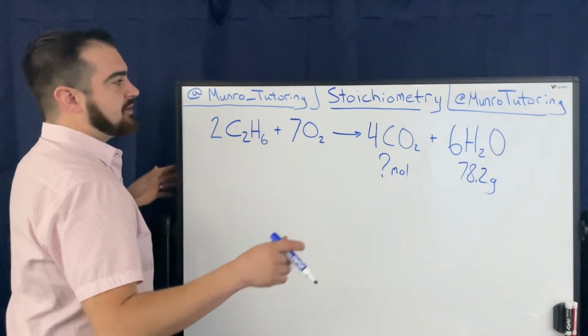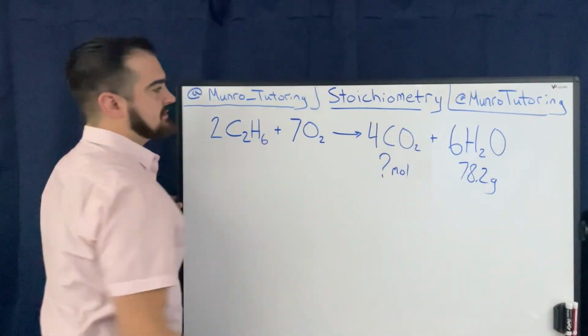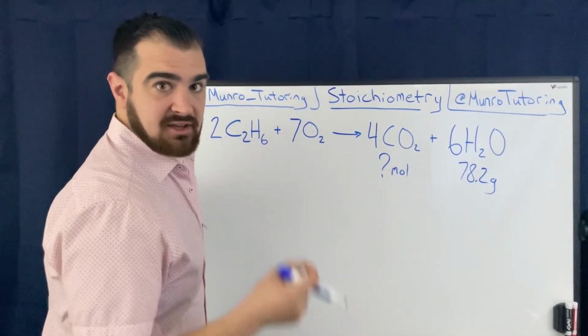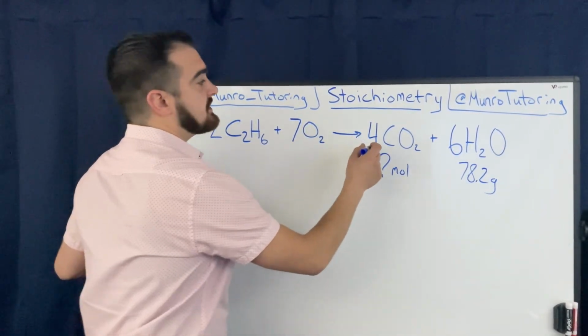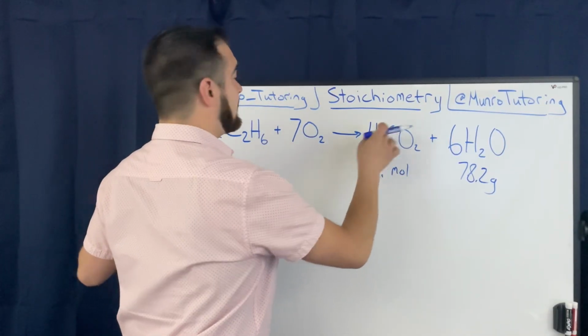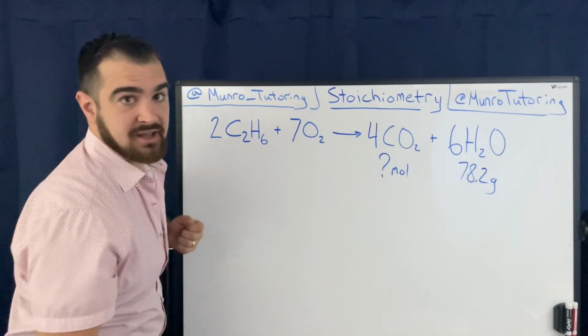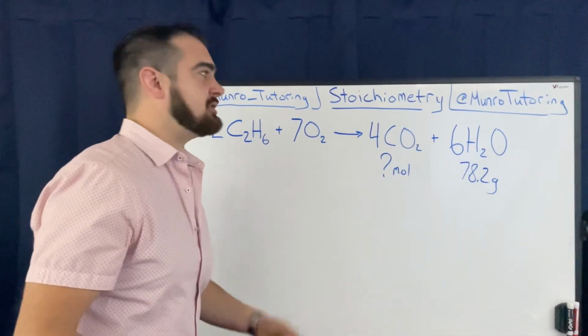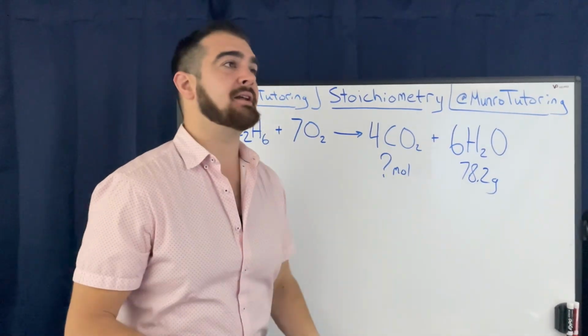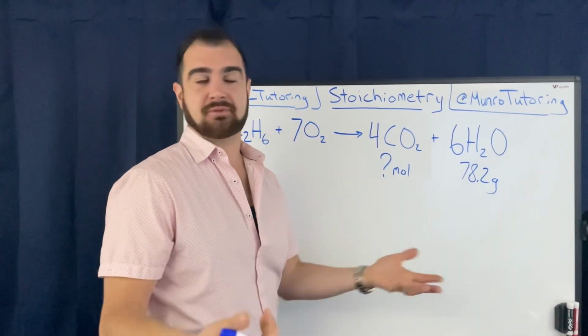I'm going to start off with the ratio of these two compounds. As I said, in stoichiometry, these coefficients are the ratios between the moles of basically any compounds in the reaction. You could also say it's the ratio between the molecules, but in this case, we're talking about moles, so let's just stick with that.